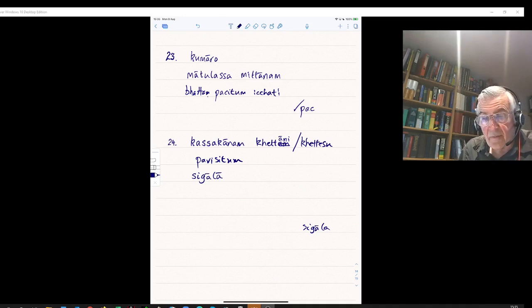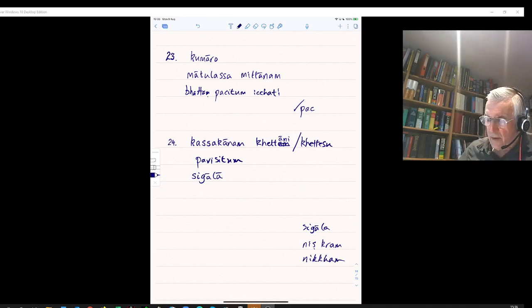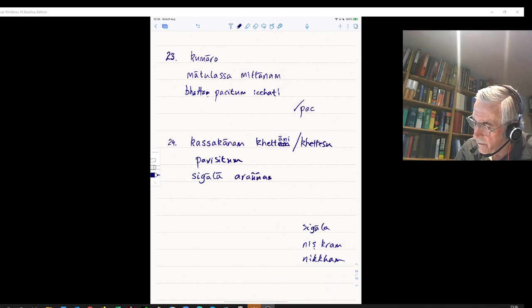leave the forest. So leave, we've had that word in Sanskrit, nishkram, in Pali, nikkam, and it takes the ablative of the thing or place you're leaving. So aranyamha nikkamanti. Aranyam nikkamanti.